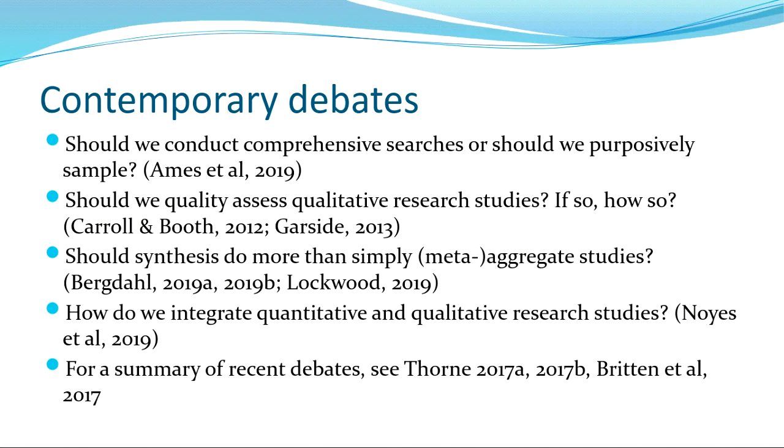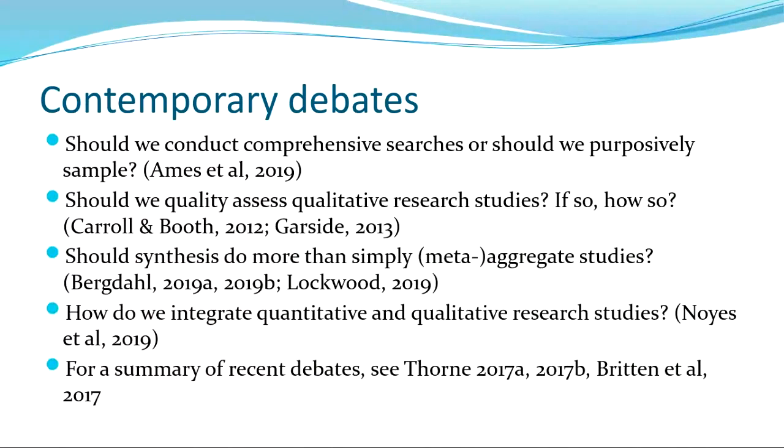Long-standing challenge, how do we integrate the quantitative and qualitative parts? And the article by Noyes presents some of the options, and there's quite a heated debate gone on between Thorne and Britton, and then back again to Thorne, on some of the controversies of the qualitative evidence synthesis endeavour.